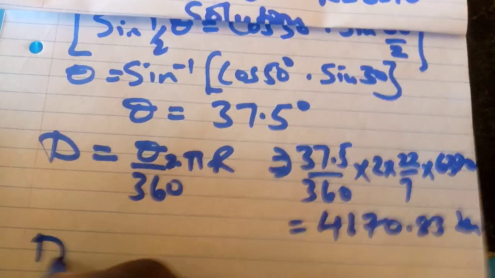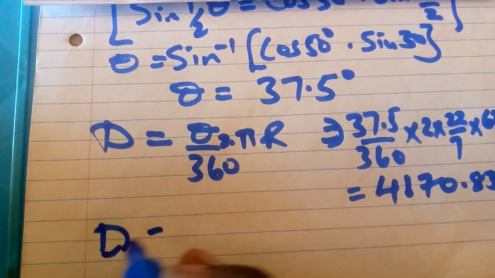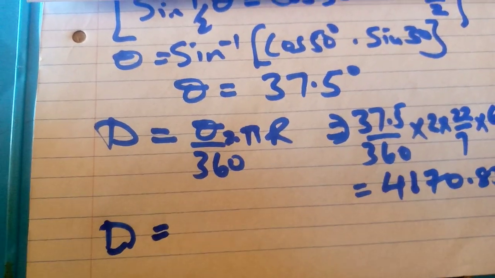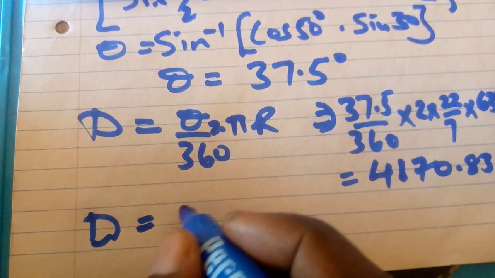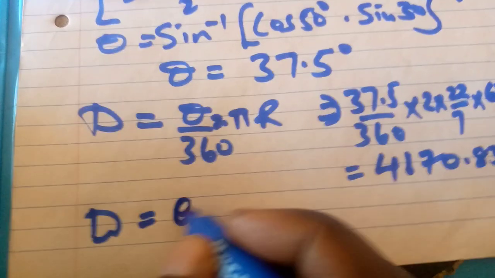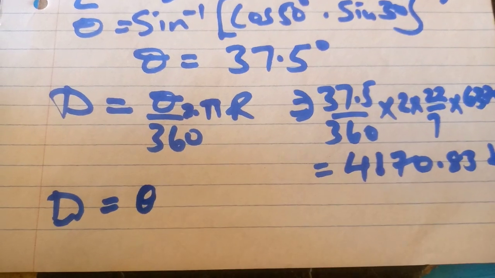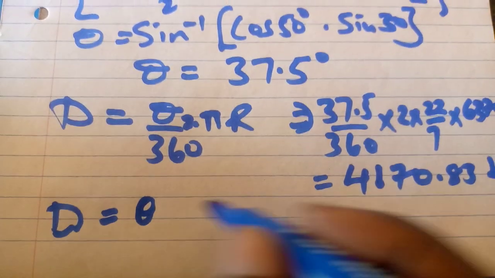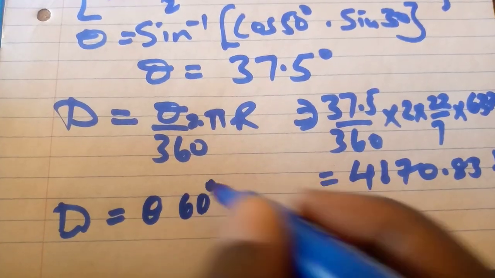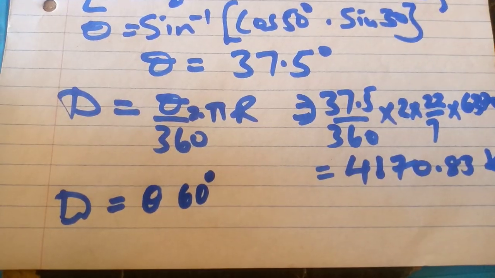So the same distance, I can also compute it using nautical miles, using the formula: angle difference between the 2 points multiplied by 60, as short as that.